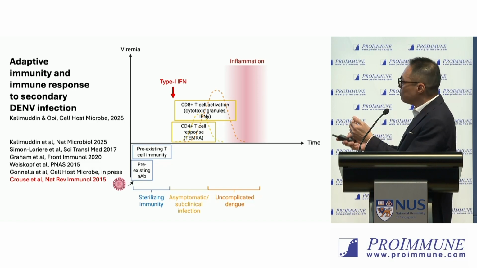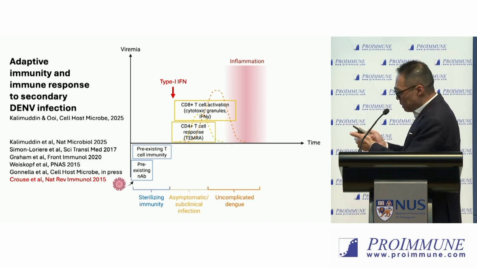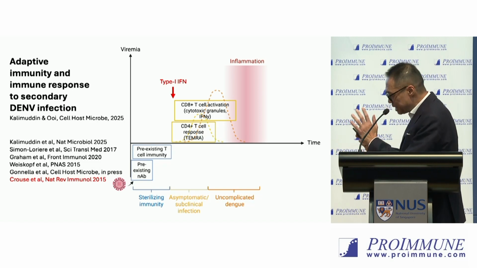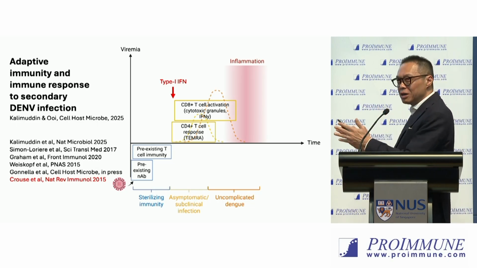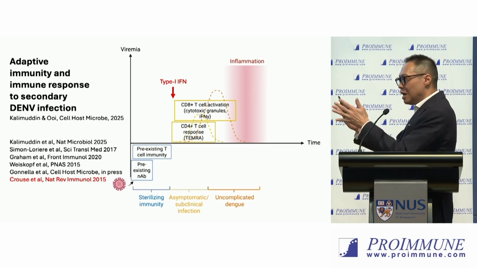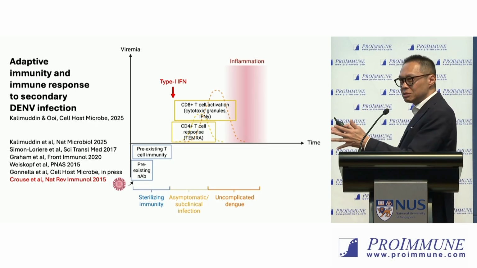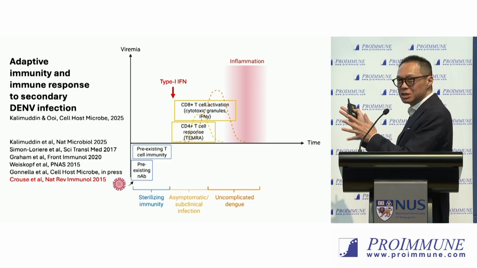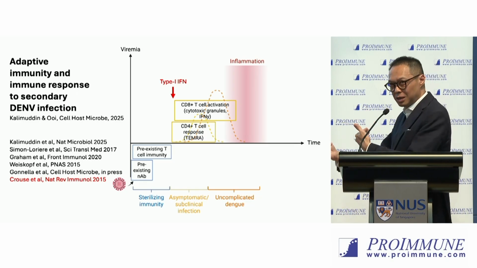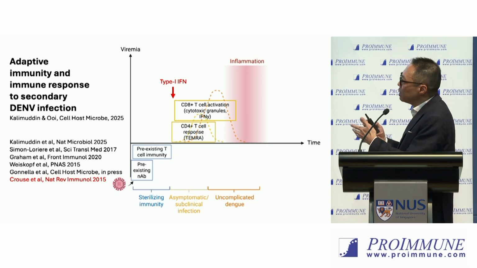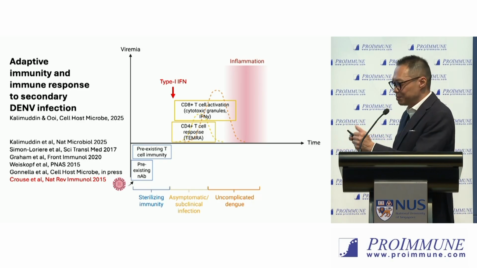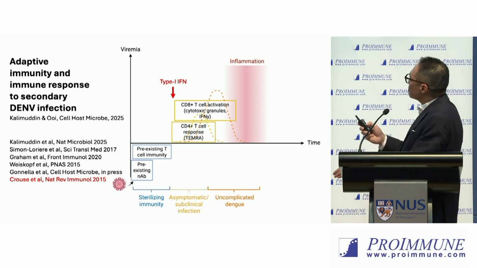There's also a very nice review by Krause et al. in Nature Reviews Immunology, showing how the timing of type 1 interferon relative to antigen presentation to T cells is critical to shape the T cell response, whether it is activated or whether it adopts an exhausted phenotype, or rather expresses inhibitory markers.